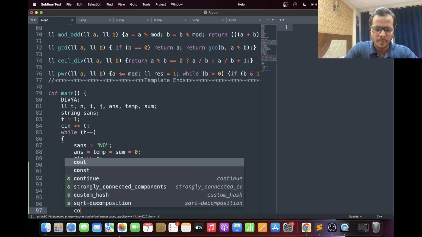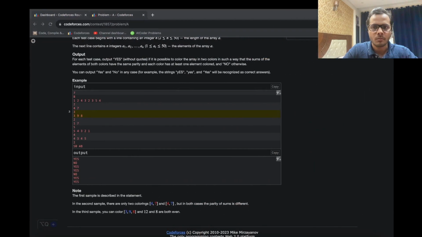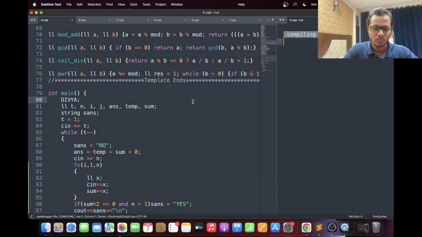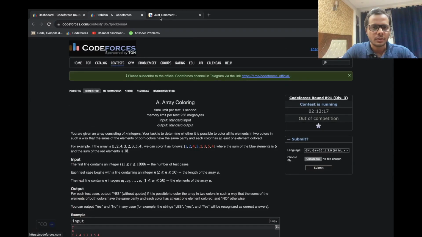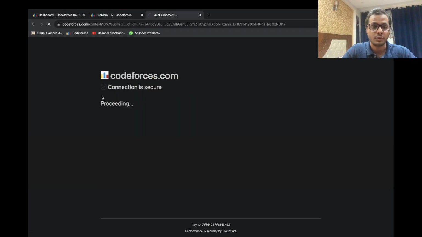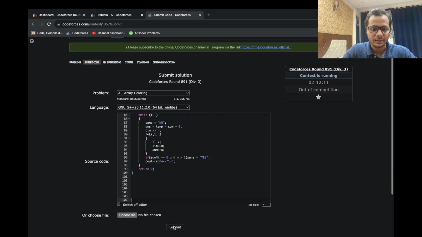Okay, should work. Alright, let's quickly submit this, move on to the second problem, if Codeforces allows me to.